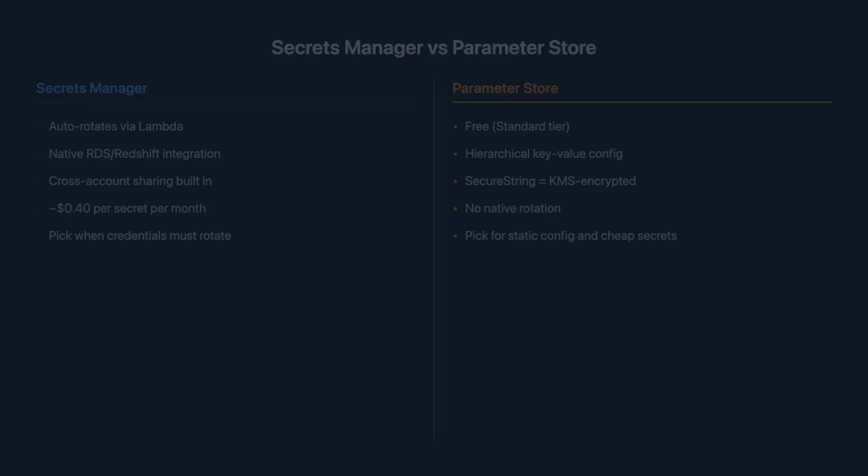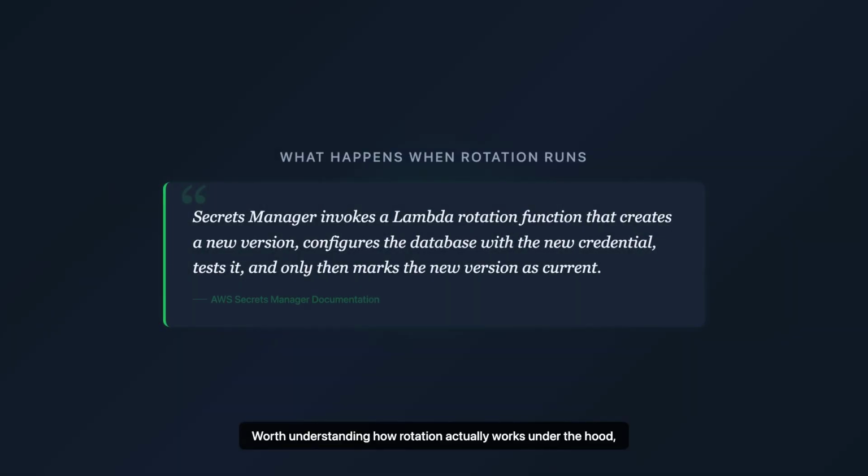Worth understanding how rotation actually works under the hood, because this is what you're really buying when you choose Secrets Manager. On the schedule you set, Secrets Manager invokes a Lambda rotation function. That function creates a new version of the secret, configures the database with the new credential, tests that the new credential works, and only then marks the new version as current. 4 stages: create, set, test, finish.